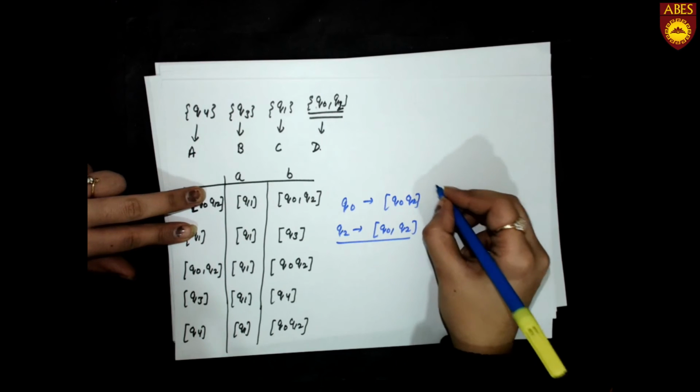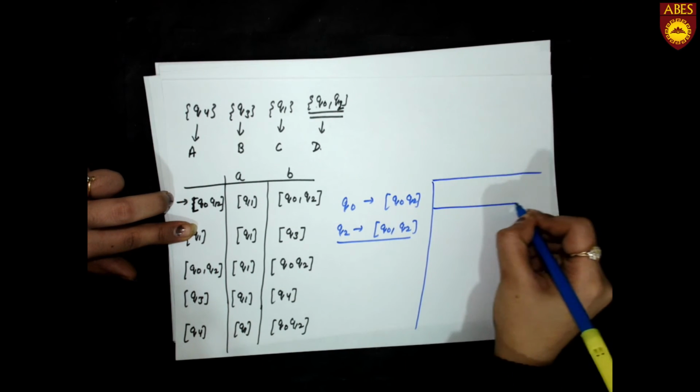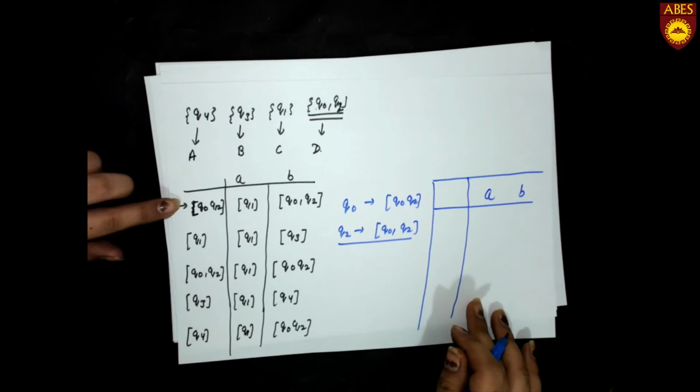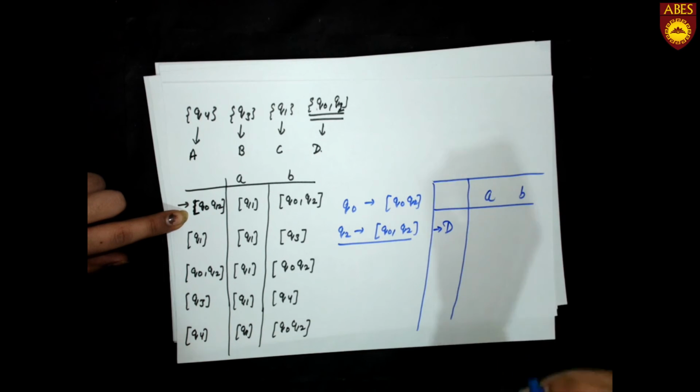Again, one more table here. Input A, input B. Q0, Q2, what do you have to write? D, our initial state.